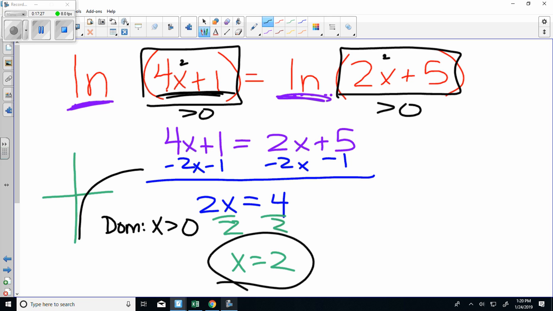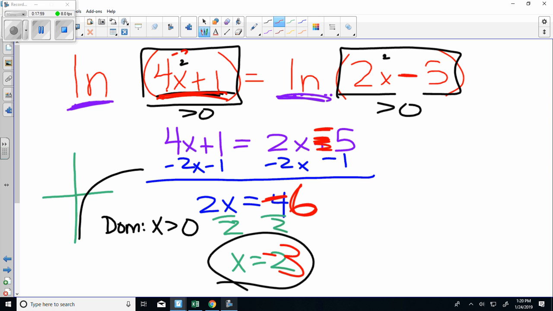Now, when wouldn't it work? Well, let's say this would have been 2x minus 5. Then that's a minus there, and a negative 5 and a negative 1 would turn this into a negative 6. And then when you divide by 2, you'd get a negative 3. Just because you get a negative answer doesn't necessarily mean that it doesn't work. You have to substitute it into this equation to see if you get a negative number there.